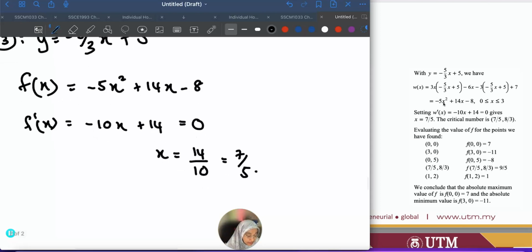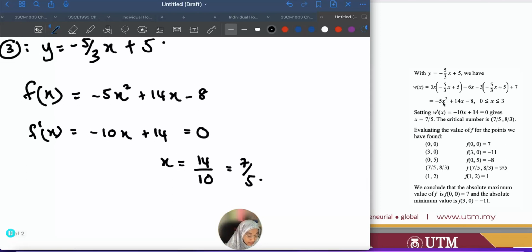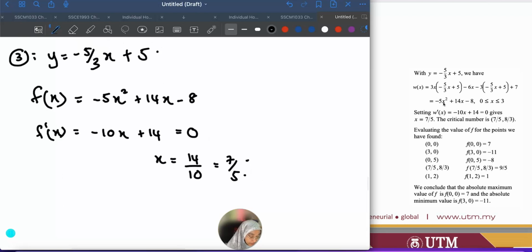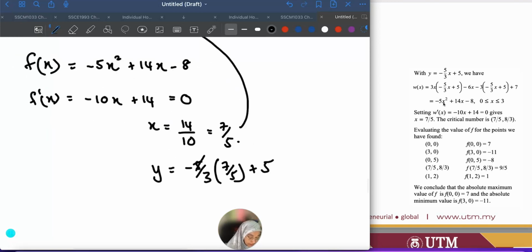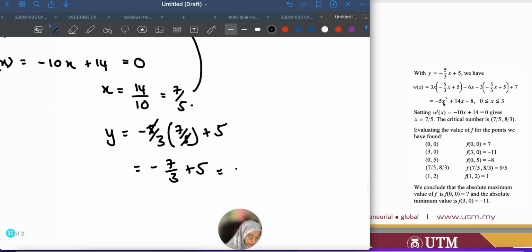When you obtain the x here, you can substitute the x into here so you can obtain y. So negative 5 over 3 times x, which is 7 over 5, plus 5, and you have negative 7 over 3 plus 5, which gives minus 7 plus 15 over 3, so y is 8 over 3.